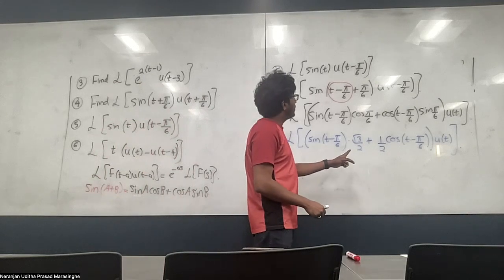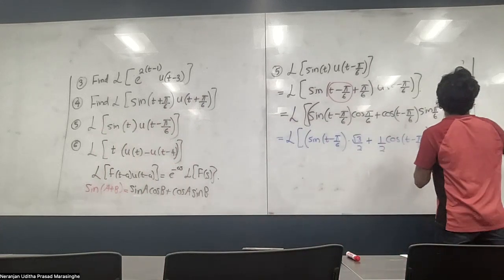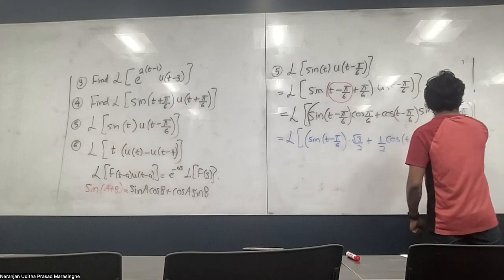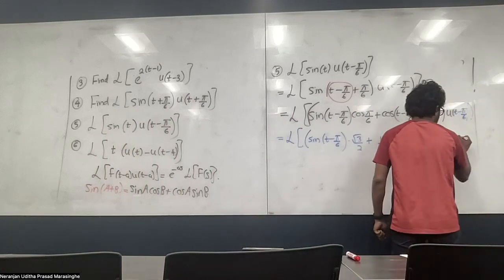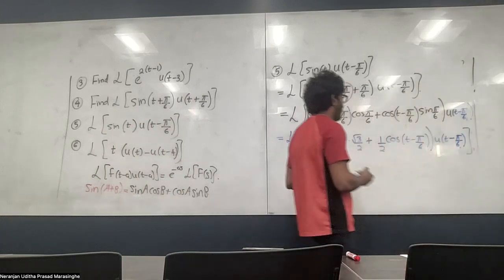Now I have u of t minus pi over 6, right?